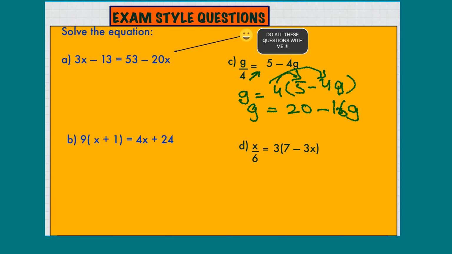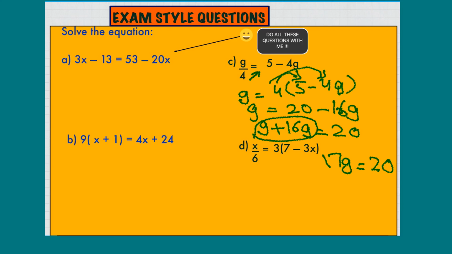And I need to bring the like terms to one side together. g plus 16g equals 20. g plus 16g is 17g equals 20. 17 is times g, so what I told you, we just divide it on the other side. 20 over 17. That would be our answer.